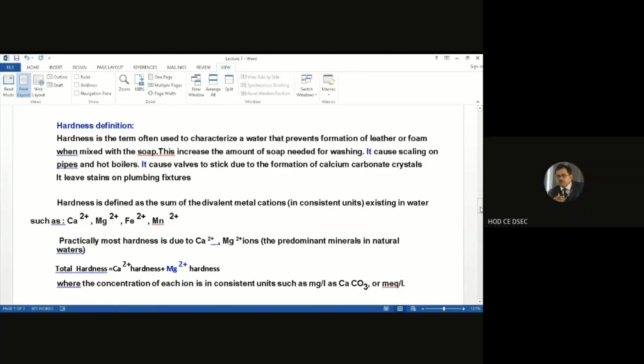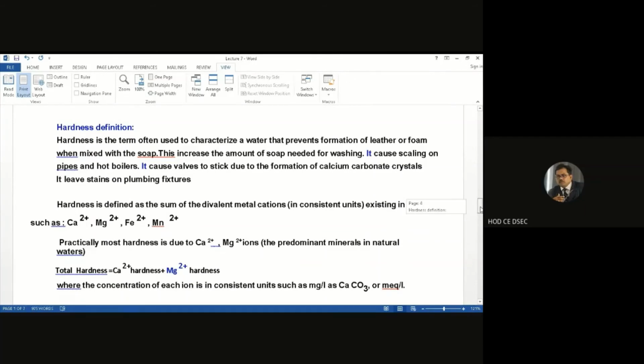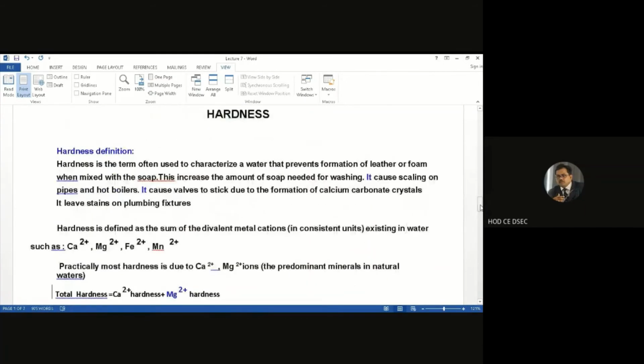The significance of this topic lies in the fact that the maximum numerical problems come from hardness. That is also an added advantage for you. You can solve the numericals if you have a concept of this parameter, because it will be used in the softening treatment process when you learn it afterwards.